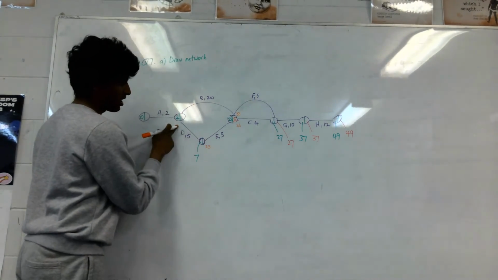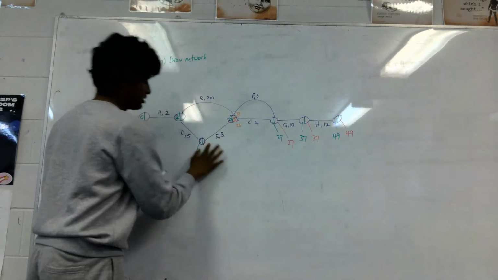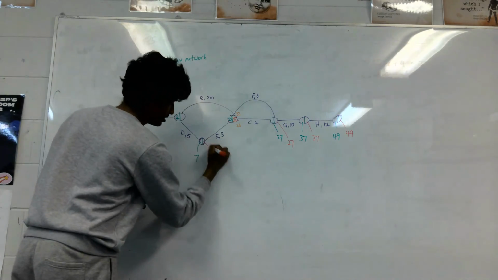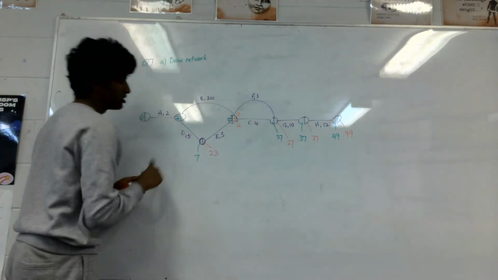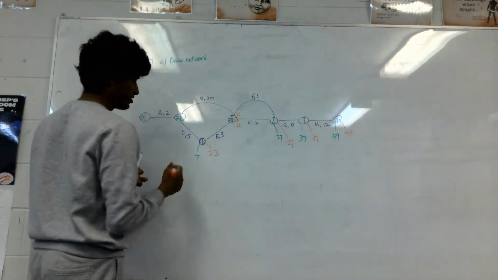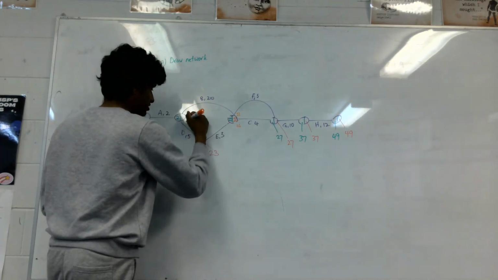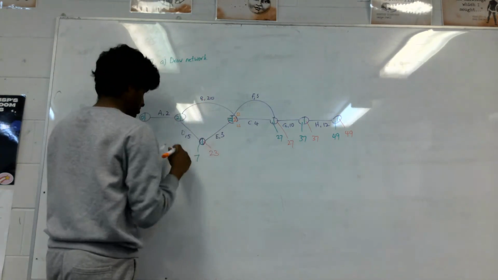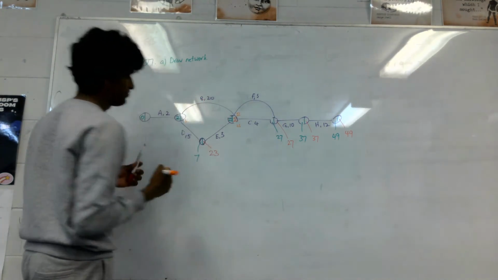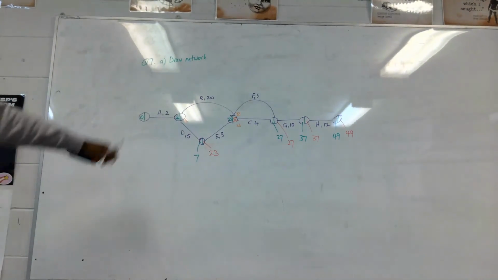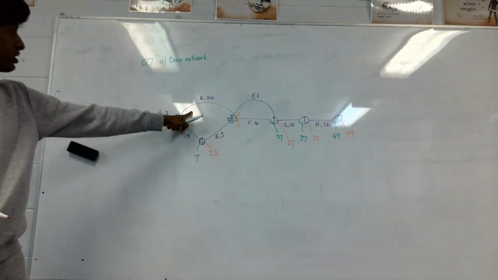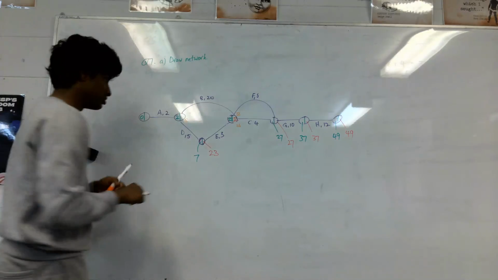23 take 5. Oh, sorry, that's meant to be in red. This is 23. 23 take 5 gives us 18. And then 22 take away 20 gets us to 2.